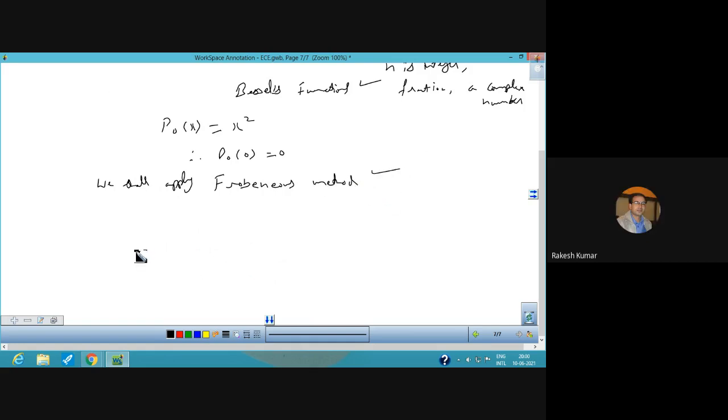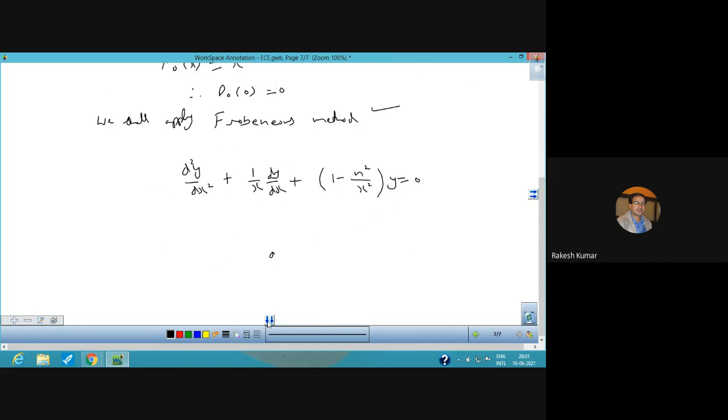Now for this, let us convert the given differential equation into this form, and that is d square y by dx square plus 1 upon x dy by dx plus 1 minus n square upon x square into y is equal to 0. The equation can be written like this, and we shall assume the solution by Frobenius method.